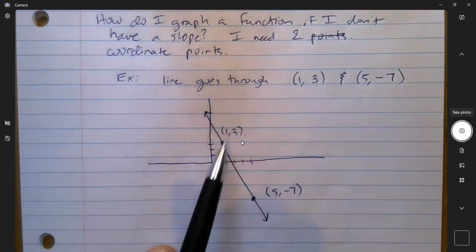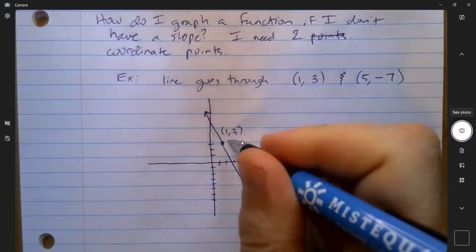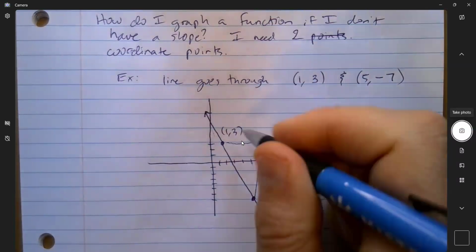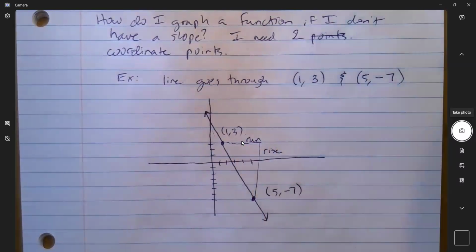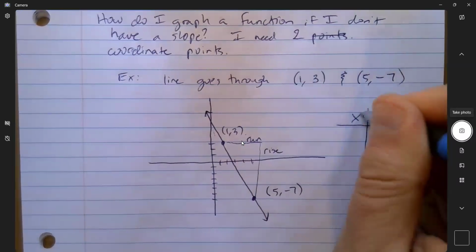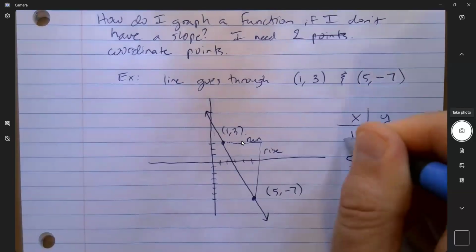Now this equation does have a y-intercept. I just don't know what it is. It also has a slope, because the slope is the rise over run. And actually, that's pretty easy to figure out, and this is something we did in a previous video. We build ourselves a table with our two points, (1, 3) and (5, -7).